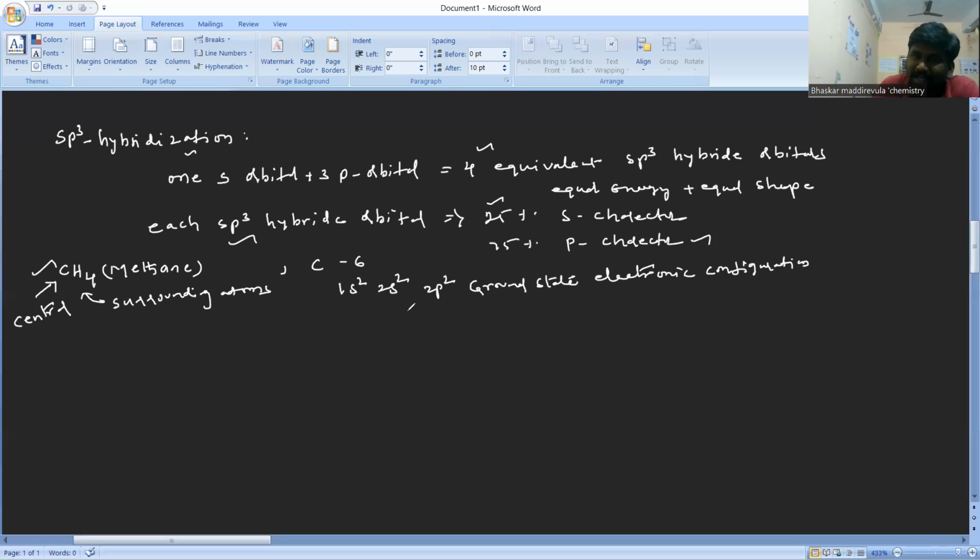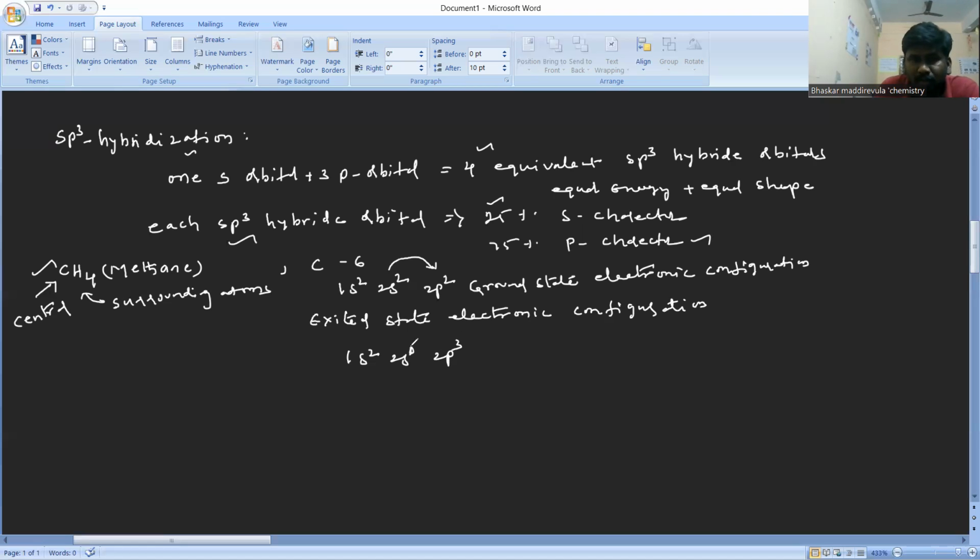So in the excited state, what happened? One electron from the 2s orbital is promoted to the 2p orbital. So we'll get the excited state electronic configuration: 1s2, 2s1, 2p3.